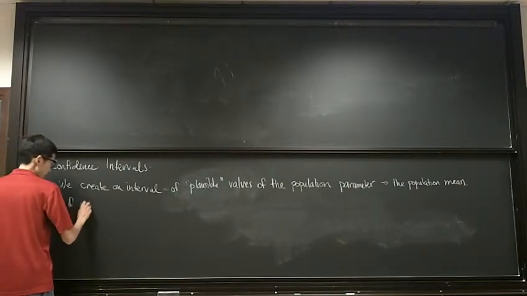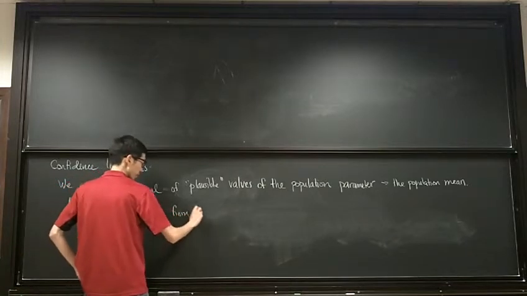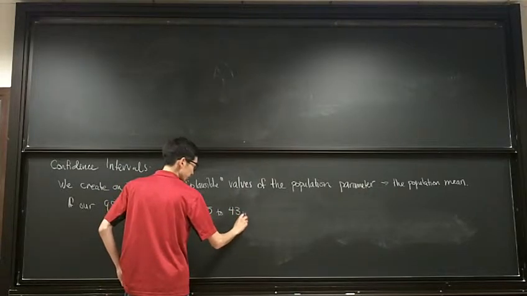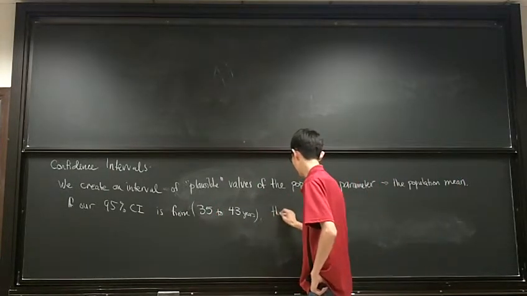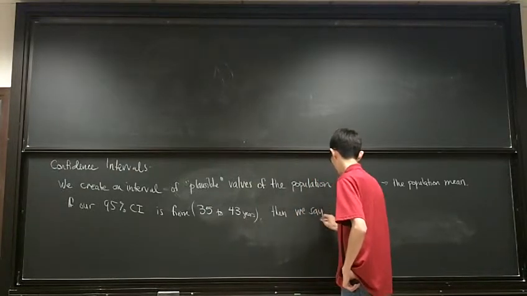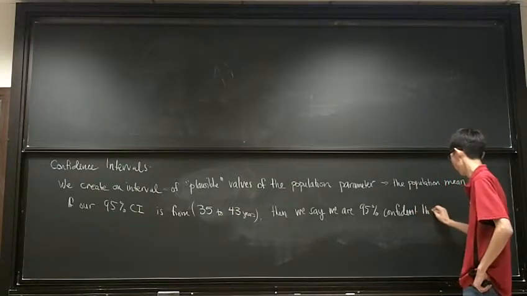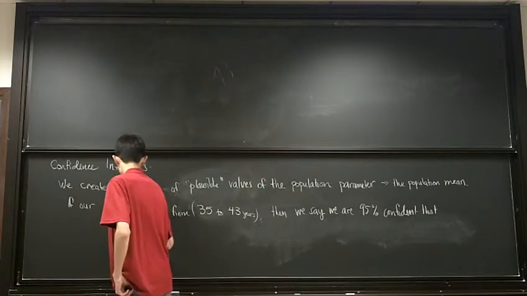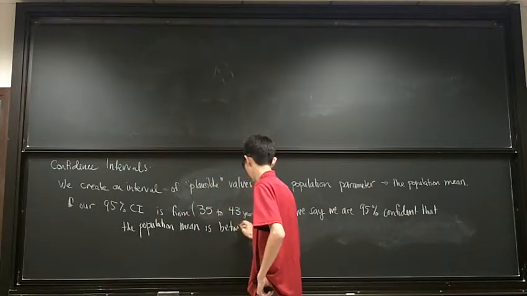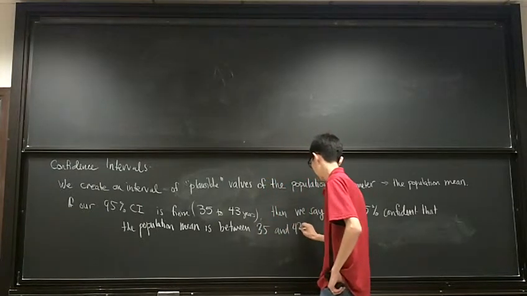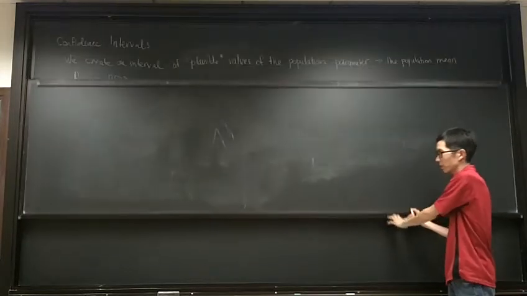Okay, so if our 95% confidence interval is from 35 to, I don't know whatever I said, 43 years, again, it's a statement of confidence.